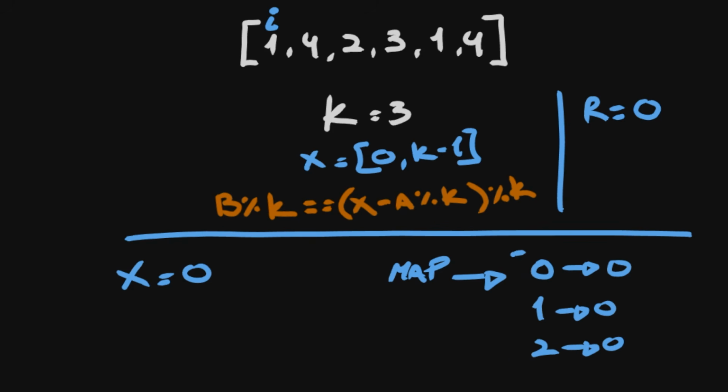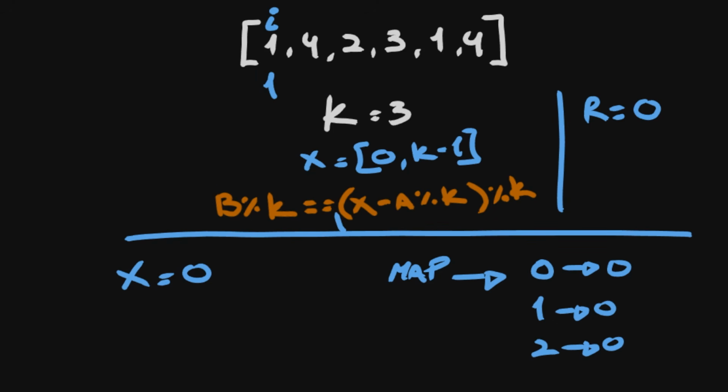This includes every key from 0 up to k minus 1, and the result is initially 0. And now we are iterating numbers from left to right from index 0. And first we take the corresponding value, in this case 1, modulo k. In this case k is 3. And 1 modulo 3 is 1. So this one is this.